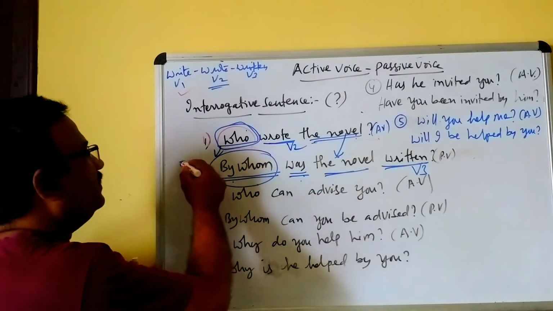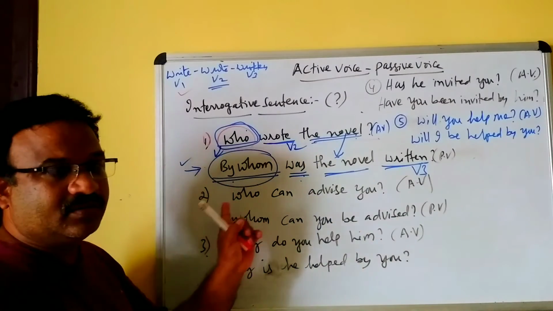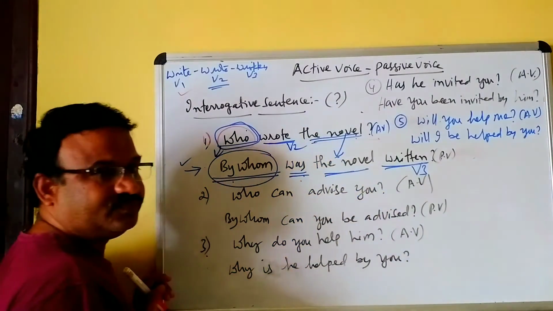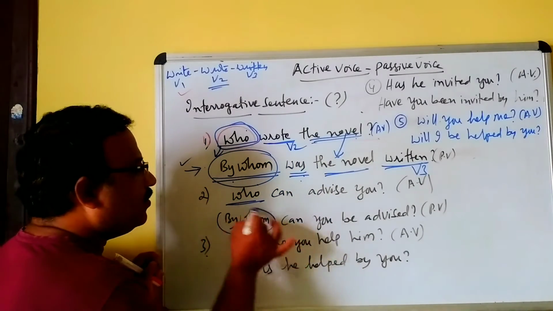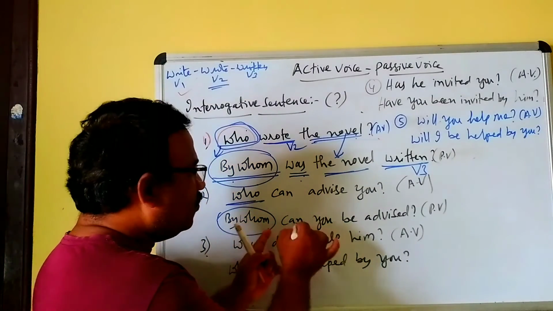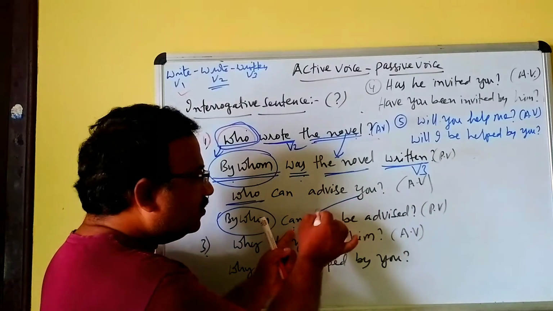This is the form in passive voice. And another example, the same. Who can advise you? Who, so you must use by whom. And can. By whom can.